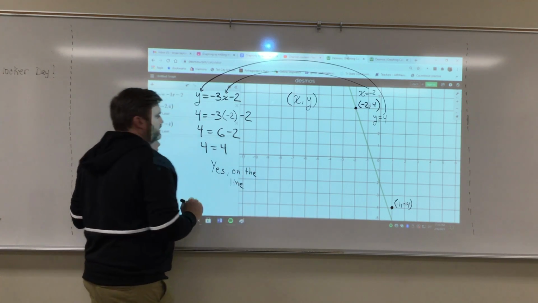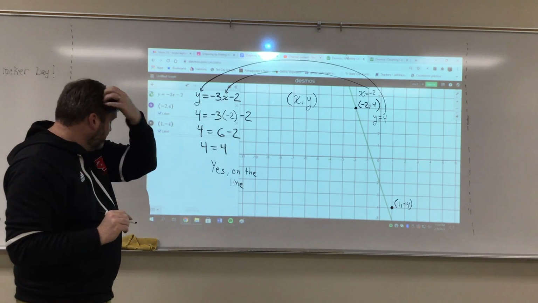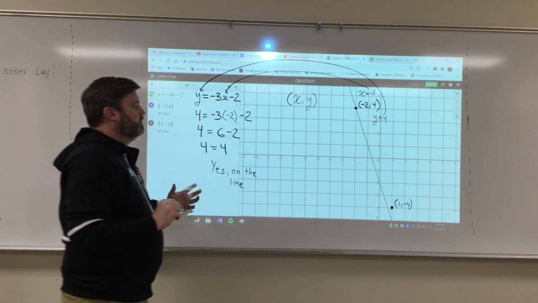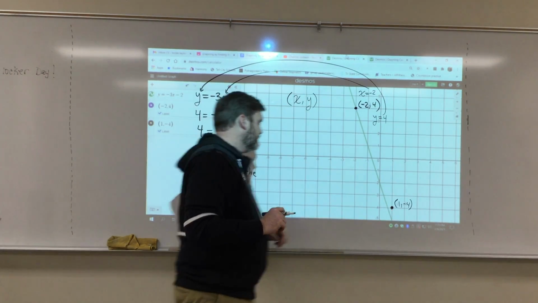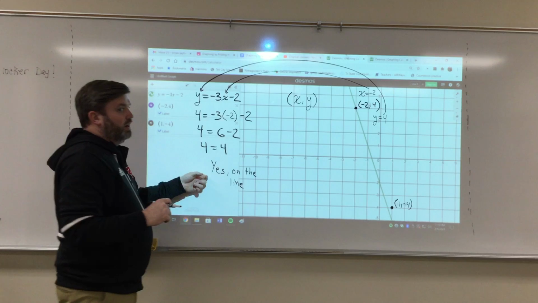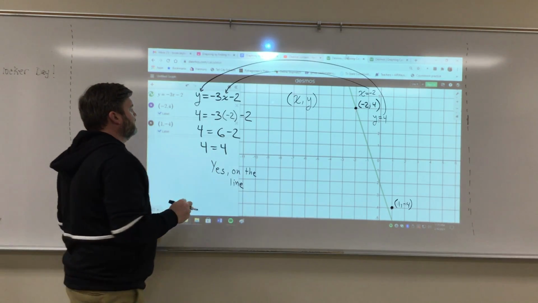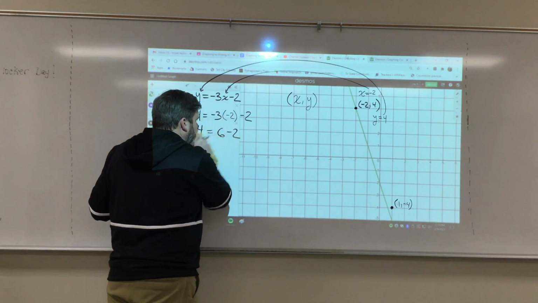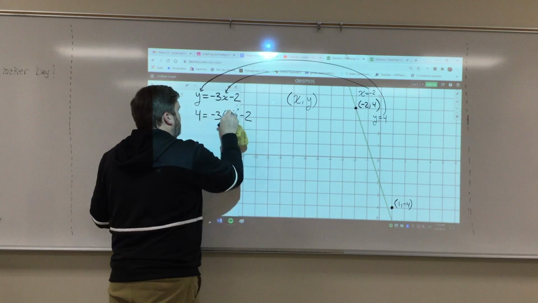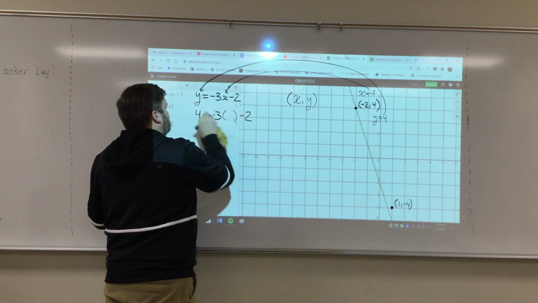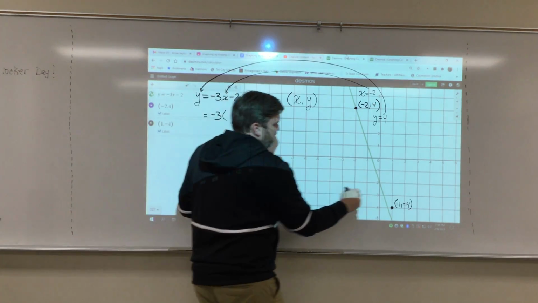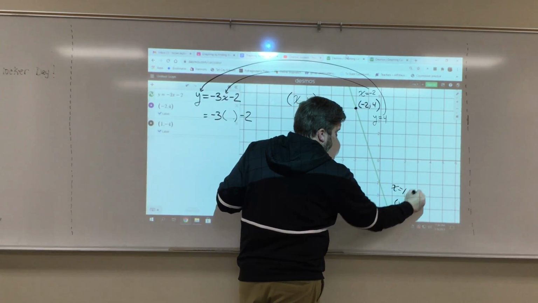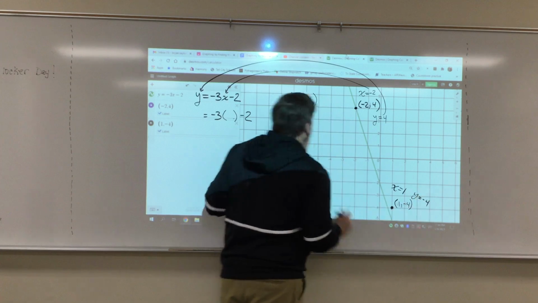Hopefully you can predict what's about to happen when I do that same thing, but instead I pick a point that's not on the line. I got a true statement when it was on the line, so guess what's going to happen when it's not. Just to drive the point home, this time let's substitute in x is 1 and y is negative 4.